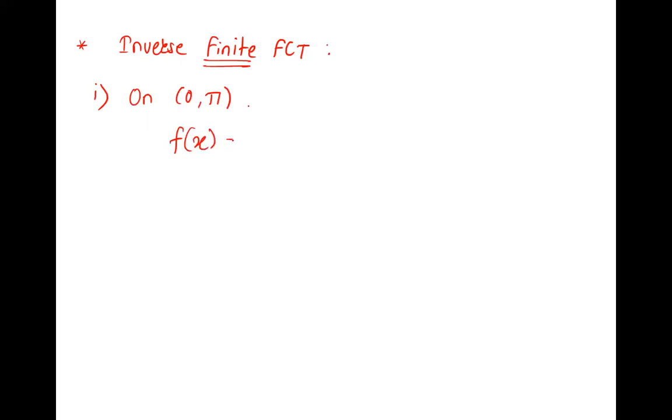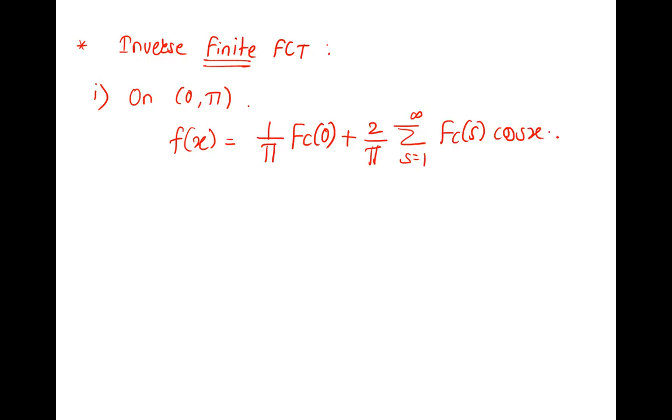So it is f of x is 1 by pi into fc0, whatever your fcs, you will write s as 0, we'll find the value, we'll multiply by 1 by pi to that term, and that will be the extra term. Plus 2 by pi summation s is 1 to infinity fcs into cos sx. This extra term will be there in finite inverse Fourier cosine transform.